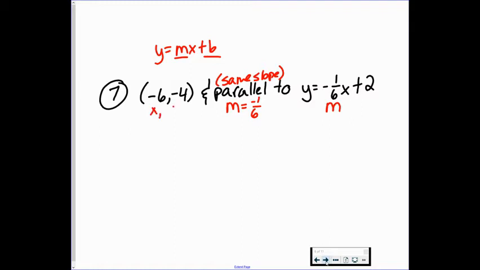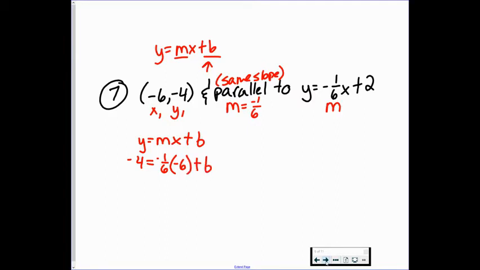We also have an ordered pair that we can use to find b. So let's plug this in. Y equals mx plus b. I know y is -4. M we know is -1/6. And x we know is -6.